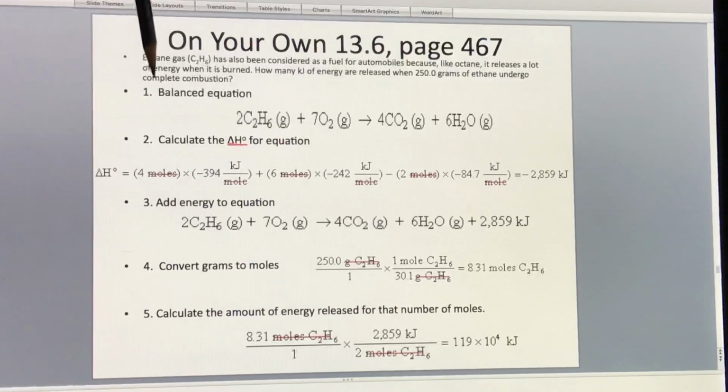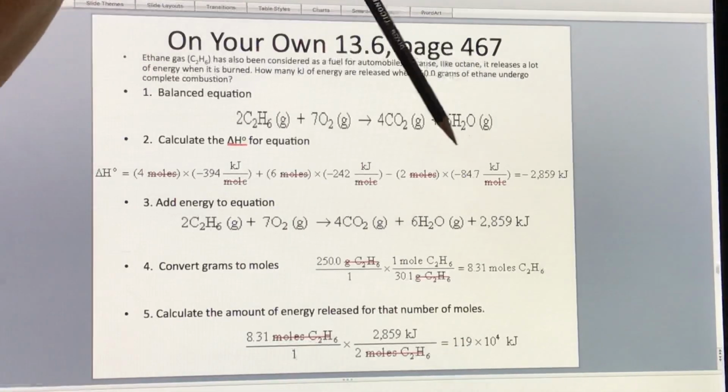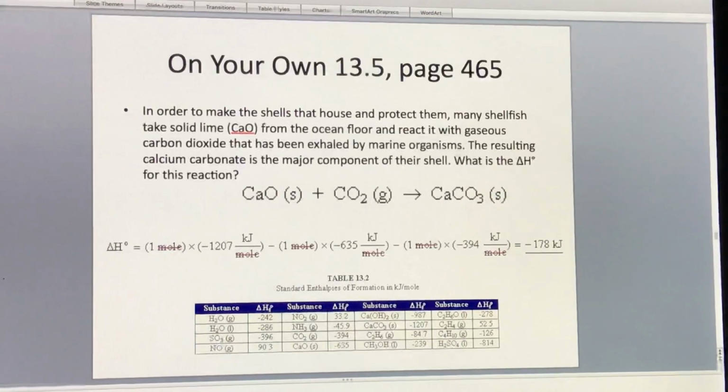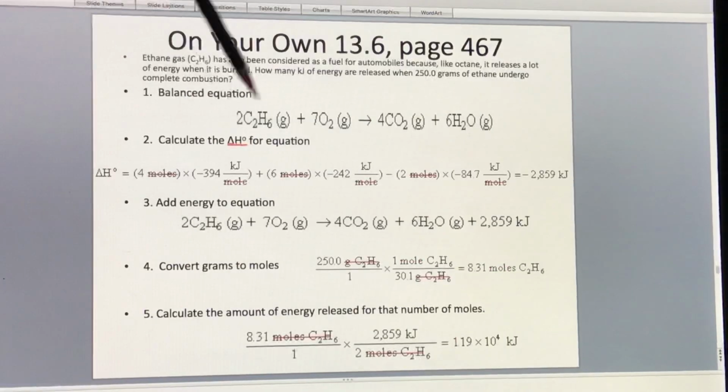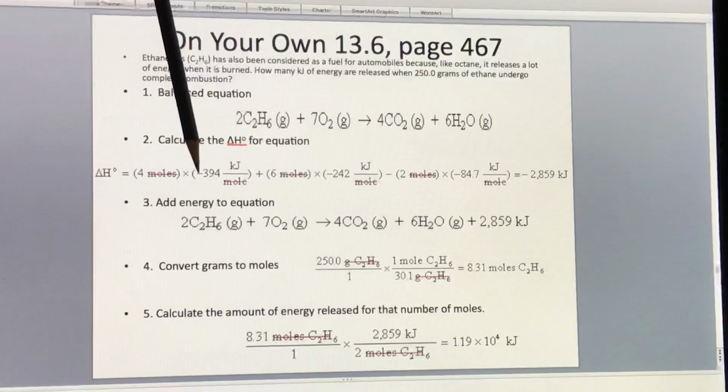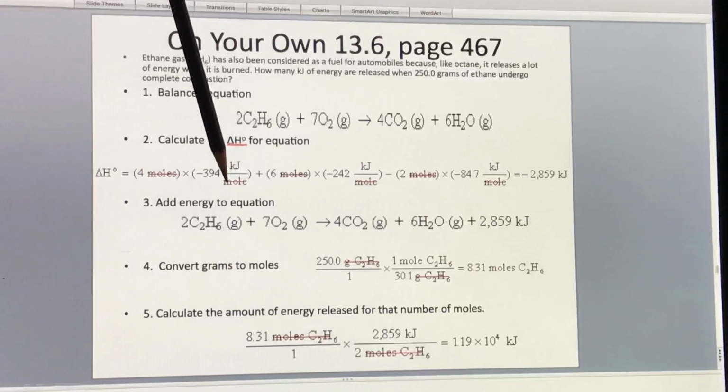So we remember with complete combustion, we start with our reagent here, the ethane. It reacts with oxygen. We have carbon dioxide and water as our products. We calculate this delta H by using Hess's law, starting again with our products and using our handy dandy table here. And so here we have 4 times the value of CO2 on the table, which is a negative 394 kilojoules per mole.